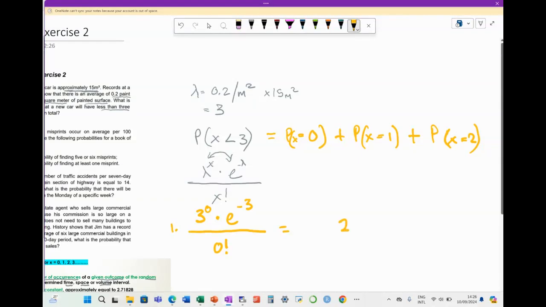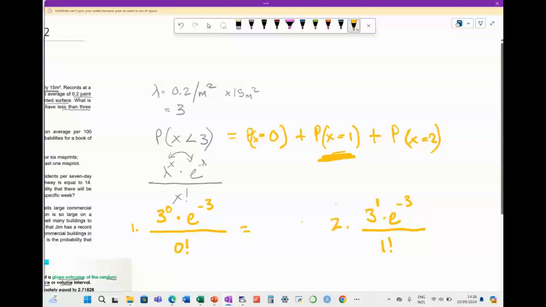Second one, we're saying same thing, 3, our average upside down y, but this time to the power 1, because x is now 1. Then times e to the power negative 3 divided by 1 factorial.